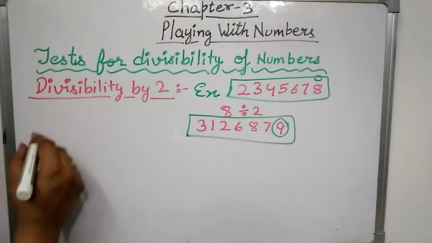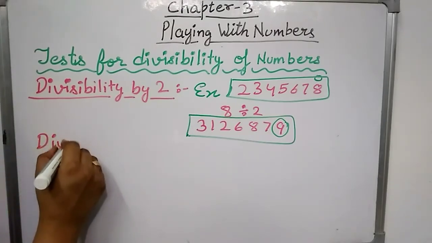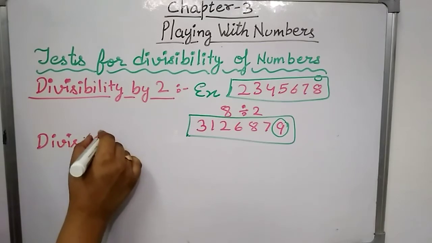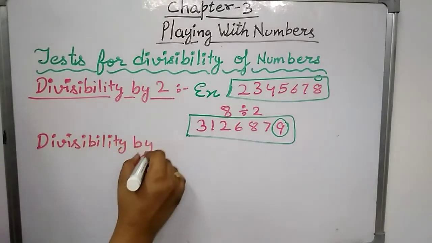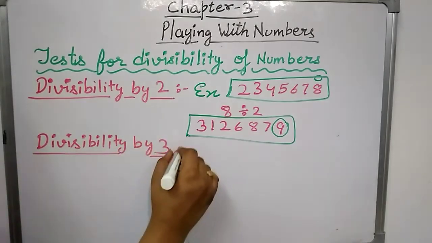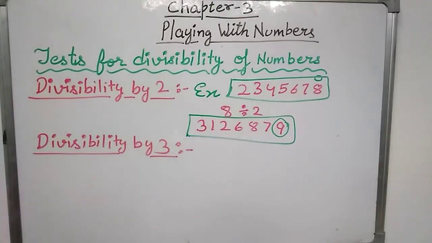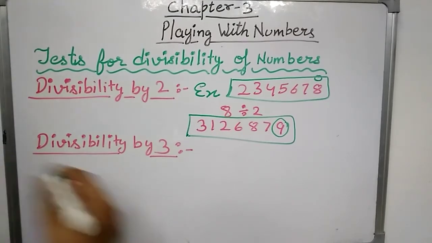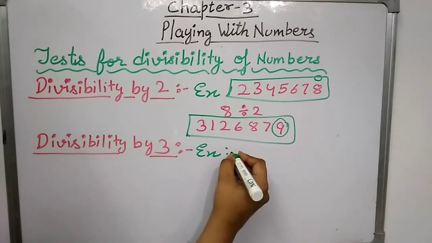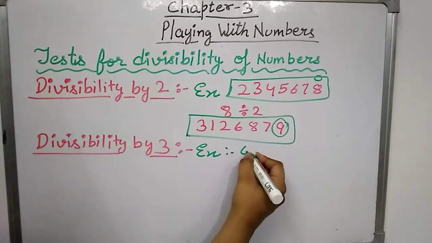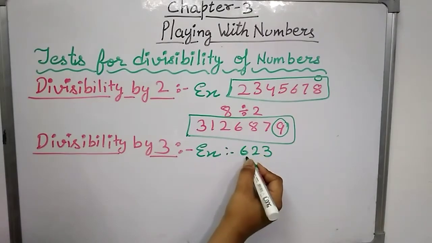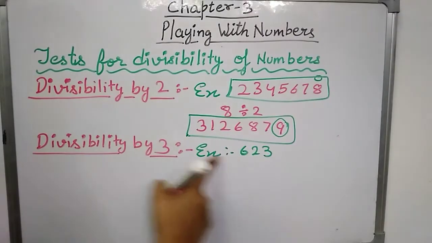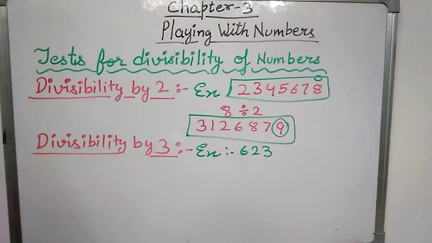Next topic is divisibility by number 3. For example, we need to find whether number 623 is divisible by 3 or not.